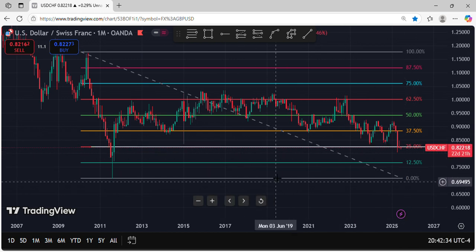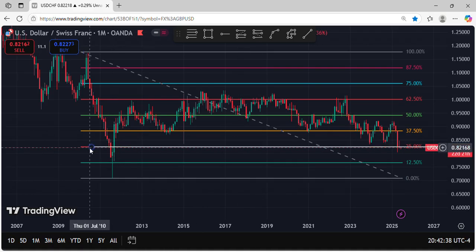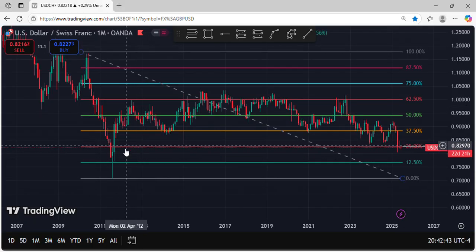Now when we look at this on the monthly, you see that we have our daily range from this high to this low, and then look at how price has traded within the range.